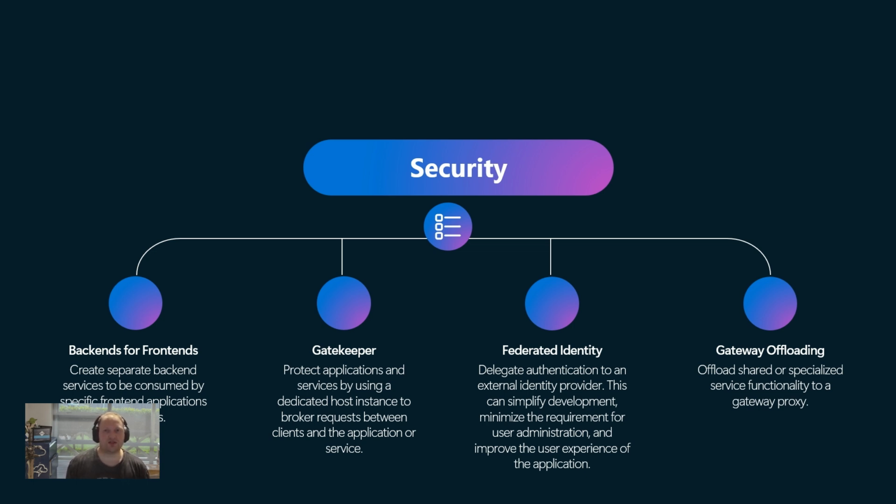We can centralize these functions to ensure we have consistent security policies across all our services and reduce the complexity for each individual service. This approach also improves scalability and manageability, as changes to security policies can be made in one place and automatically apply to all services beyond the gateway.